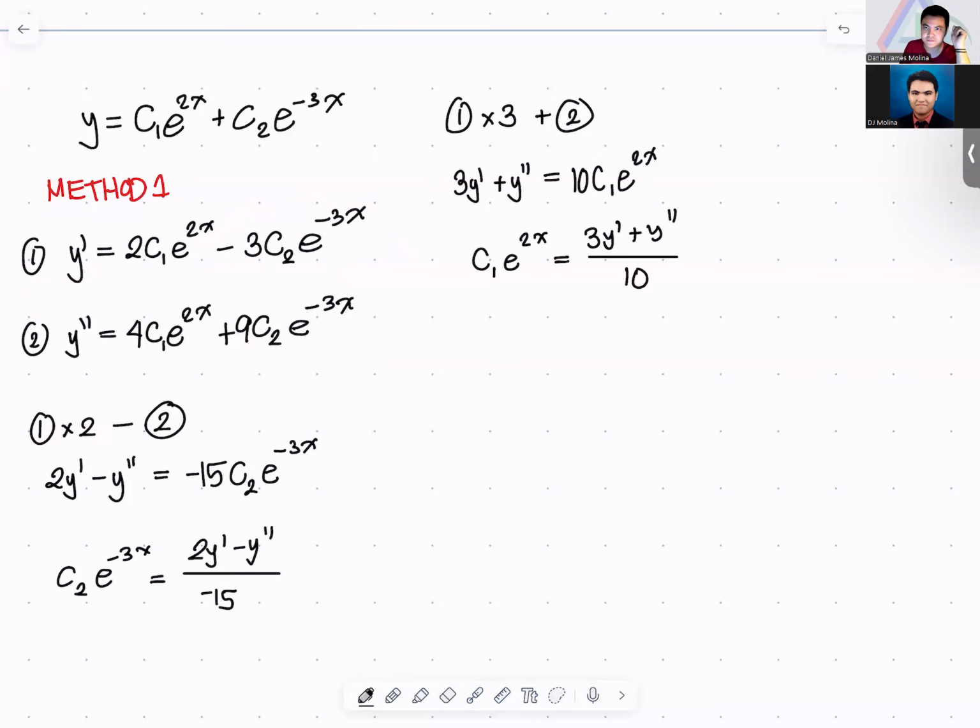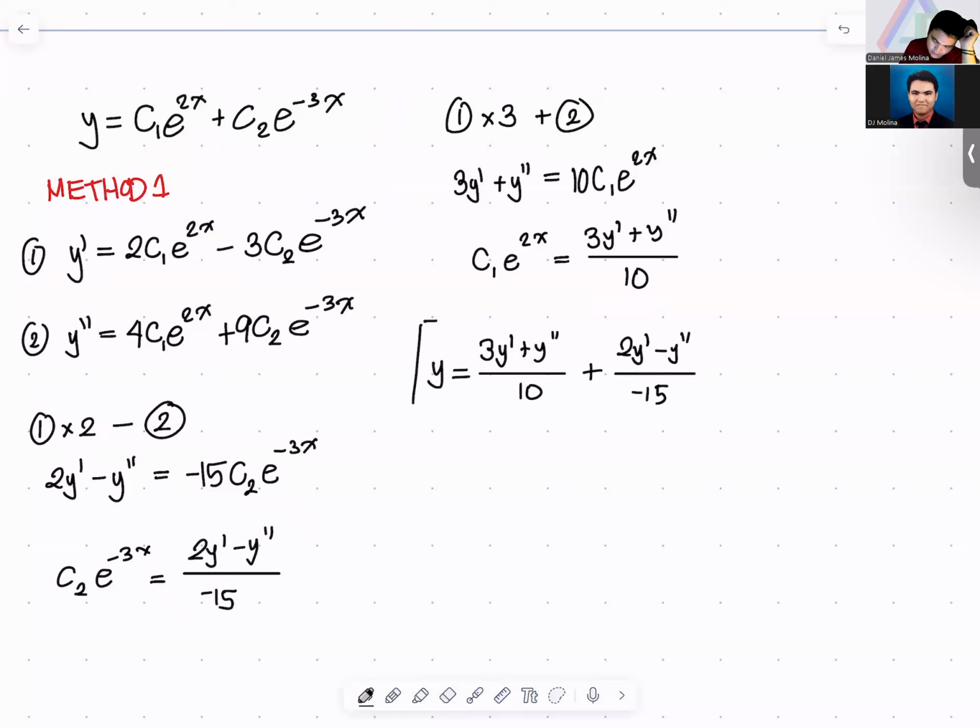Now, we already have these two values. We can substitute them into the first equation to determine the differential equation. So we have y equal to c sub 1 e raised to 2x, that's 3y prime plus y double prime over 10, plus this one, that's 2y prime minus y double prime over negative 15.